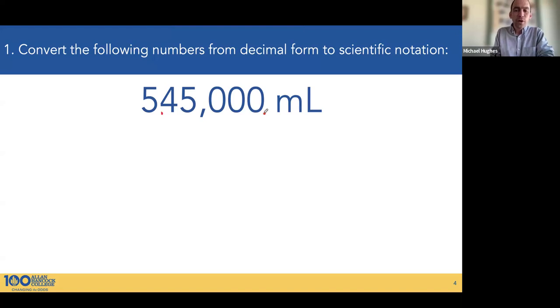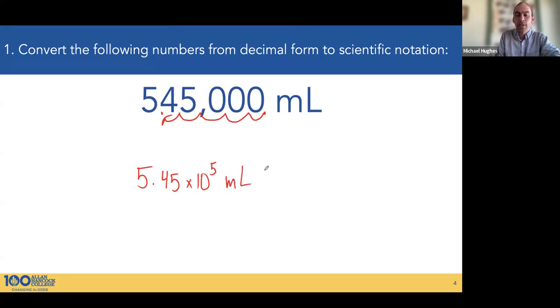So we'll have to move our decimal point 1, 2, 3, 4, 5 locations to make a value of 5.45. And if we're not sure about these zeros, we're going to let them drop, assume they're not significant, and say times 10 to the 5th milliliters.